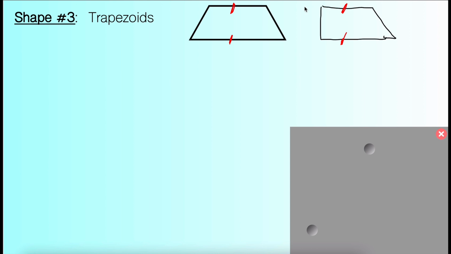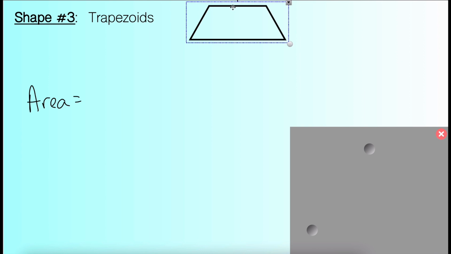Now, what we want to explore is how do you find the area of this type of figure? So there is actually a really wacky formula that you can use to find the area of a trapezoid. But before we do that, what we need to talk about is what are the important parts of a trapezoid. Like in a triangle, we've talked about it has a base and it has a height.